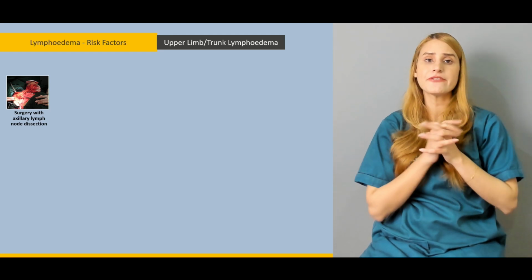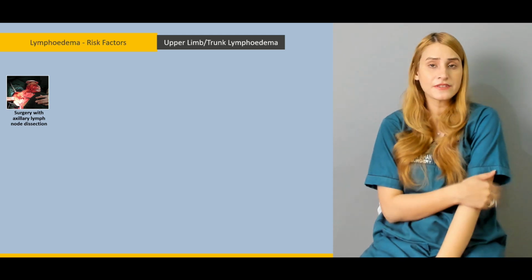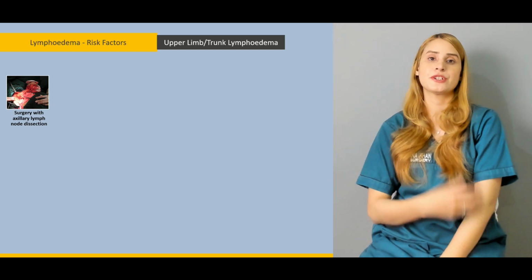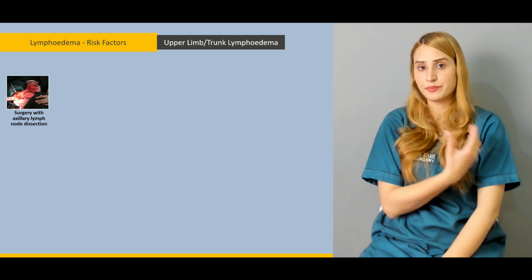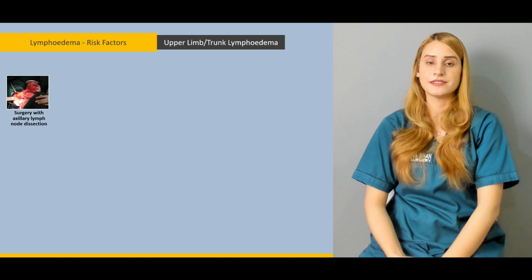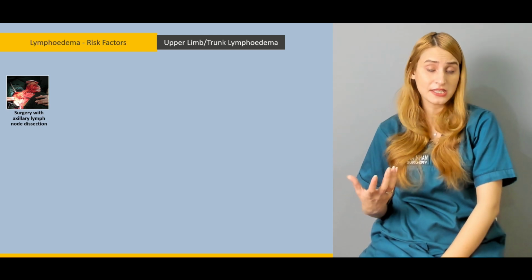So if we talk about the risk factors for the development of lymphedema, in your common observation, if there's a surgery to the breast or to the axilla with a lot of axillary dissection, then most of the time axillary clearance is being done.